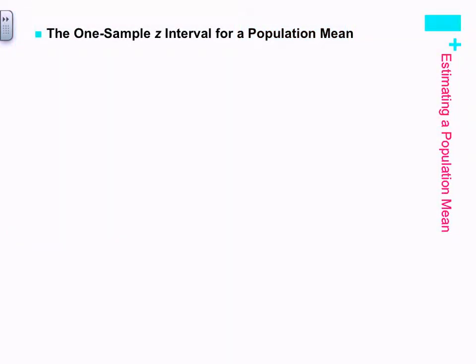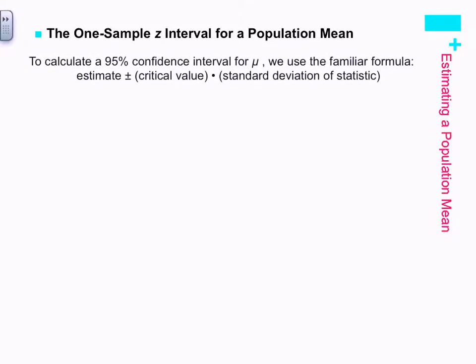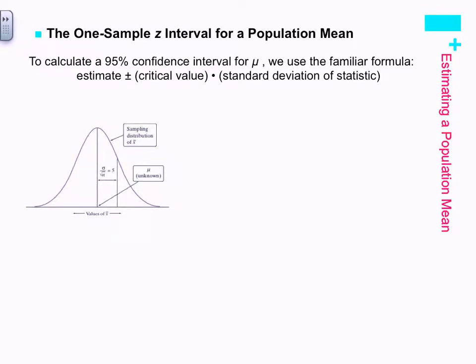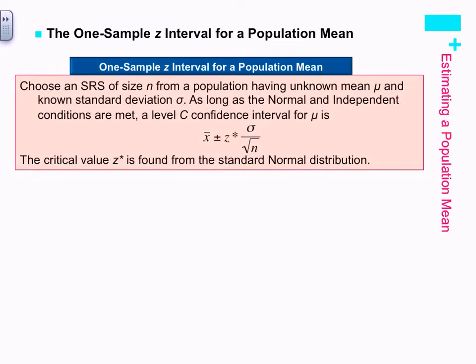So we'll start, of course, with estimating our population mean. We'll be finding confidence intervals for a population mean. So we'll use a familiar formula. It's the same formula. It's our estimate or our statistic plus or minus our critical value times our standard deviation of a statistic. Okay.